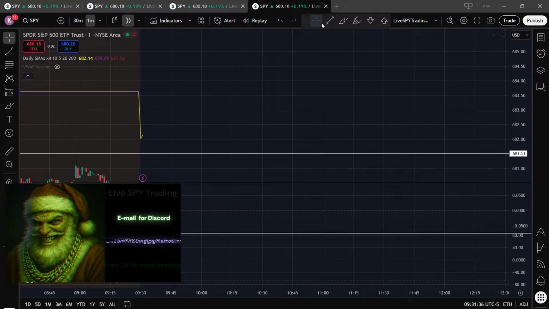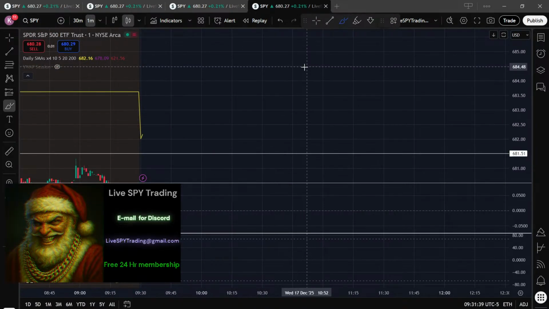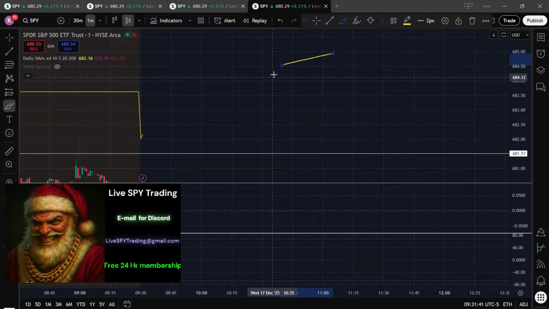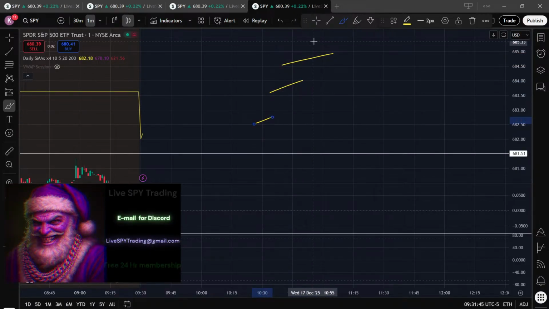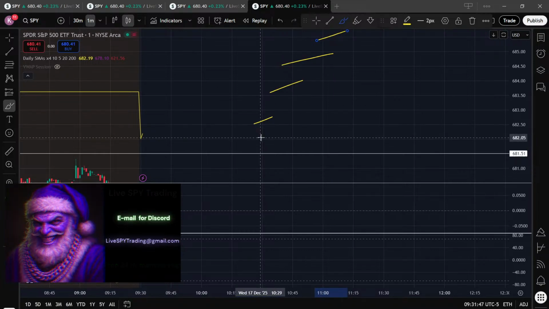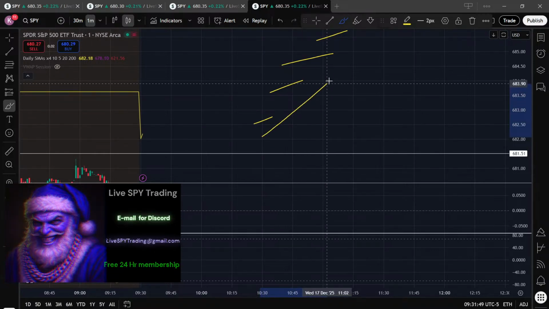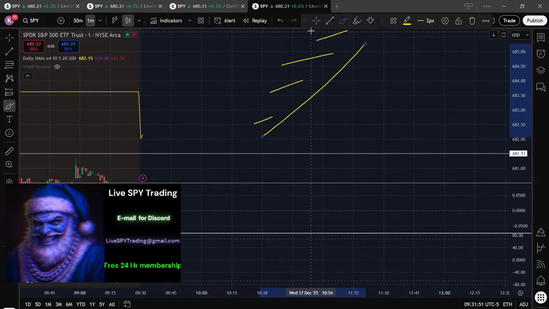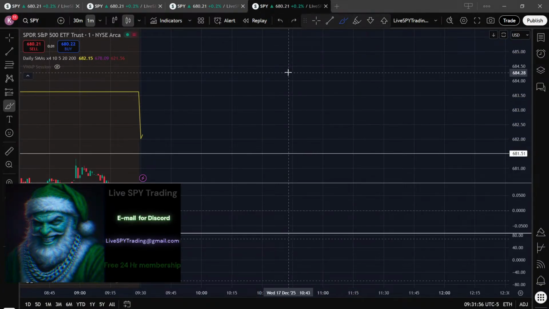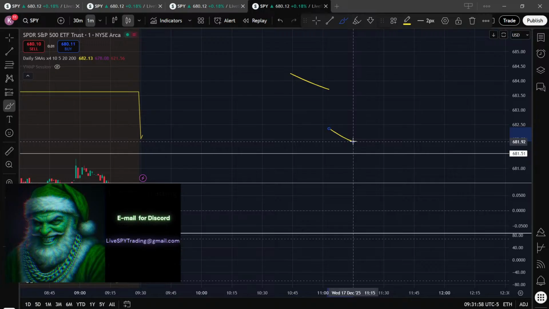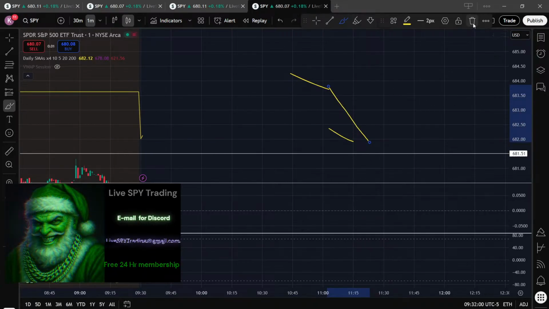So if we have, for example, the 5, the 20, the 200, and price, if we have the indicators lining up like this, we're in an uptrend, right? But if we have the 20 here and the 5 here, we're in a downtrend, right?